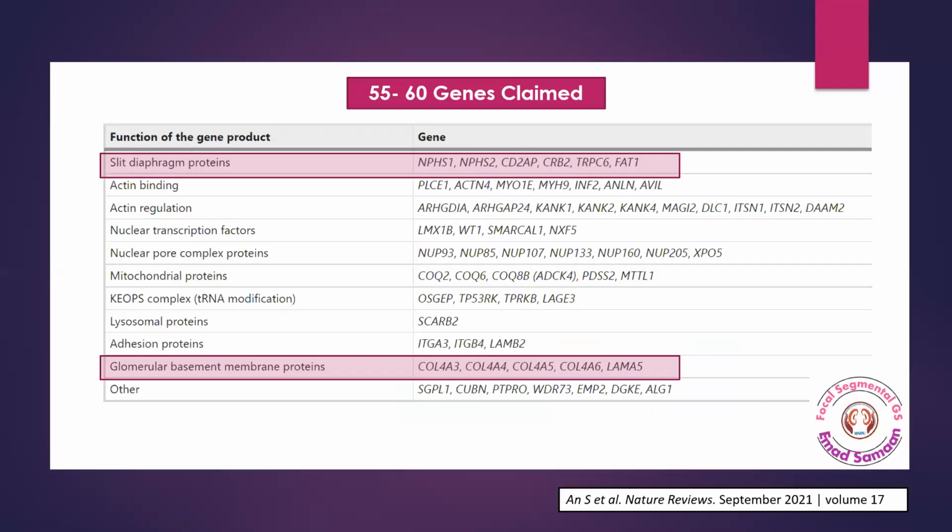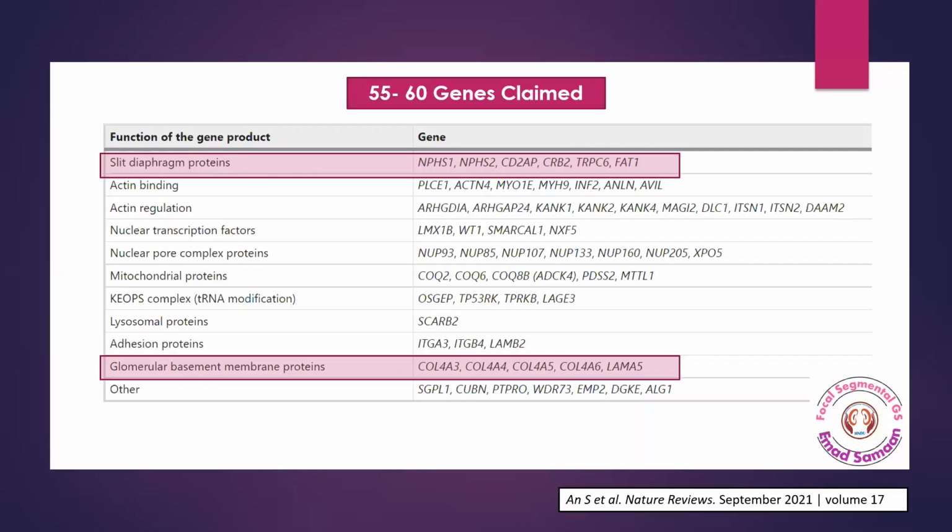The second category is the genetic induced FSGS. Up till now, we have around 55 or 60 genes claimed in the pathogenesis of focal segmental, but the most important of them are the slit diaphragm proteins and the glomerular basement membrane proteins.